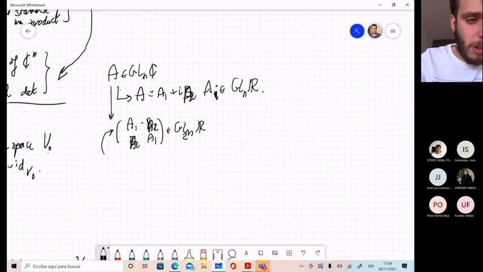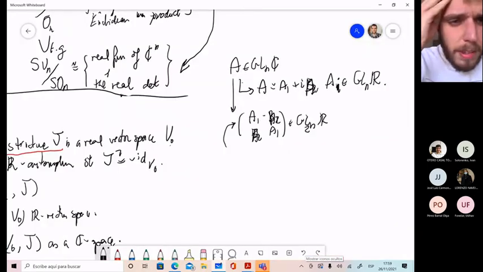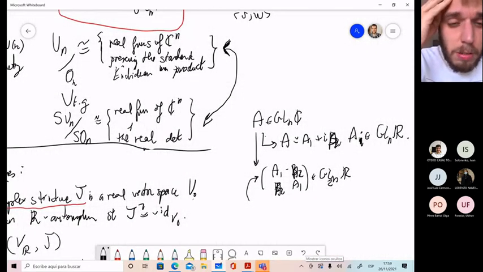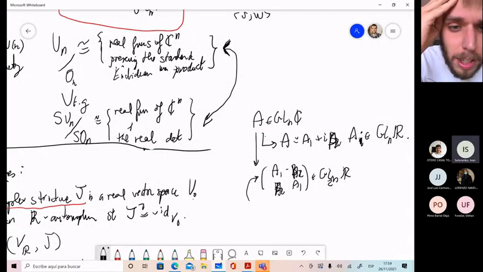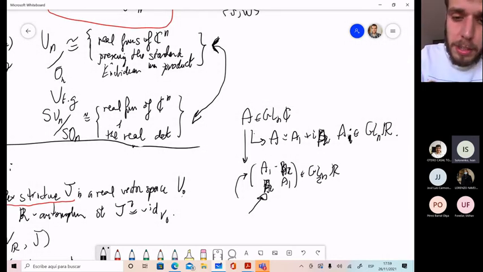So yeah, concerning what you said, sorry for interrupting you, but do you mean by real determinant the determinant of these matrices? Just the thing is that I trust you that the SUN by SON is totally geodesic in UN by ON.